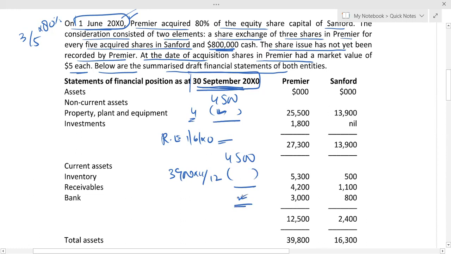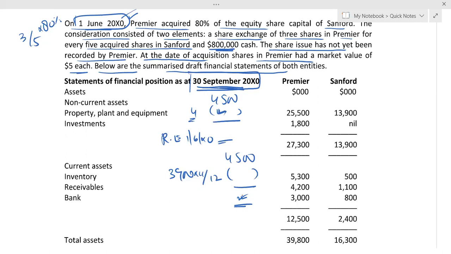Repeat. The examiner has given us the retained earning on 30th September X0, but we need the retained earning on 1st June X0. It means you have to go reverse 4 months back. So we are just deducting earnings of the last 4 months. Basically, we take opening retained earning, add profit for the year, and then we get closing retained earning.